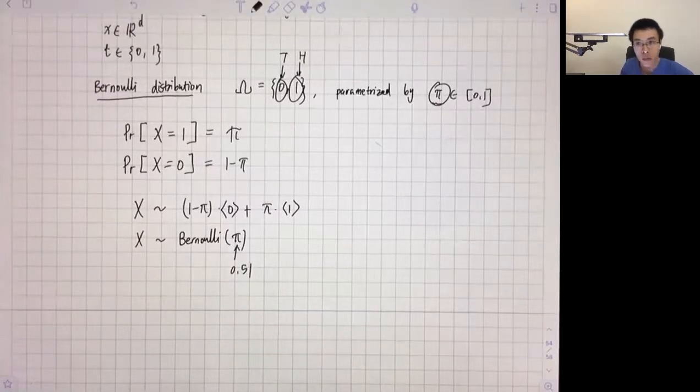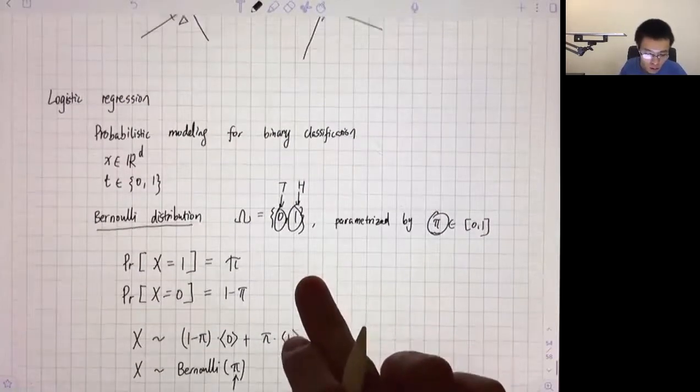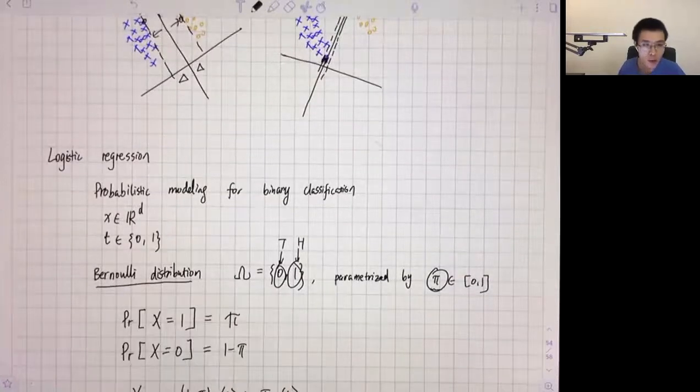It appears that it's a good distribution to model the category of a binary classification problem. And also, it's actually complete. Any distribution defined on two discrete values, 0 and 1, can be modeled by a Bernoulli distribution. So it's different from Gaussian.